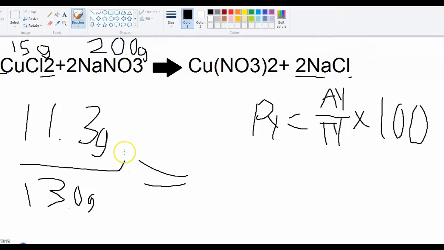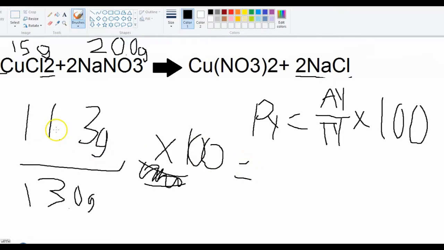And then you divide 11.3 by 13 times 100. You should come out to 86.9 percent.